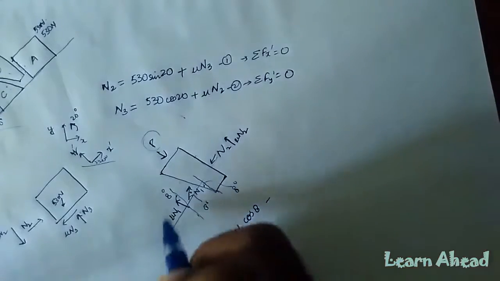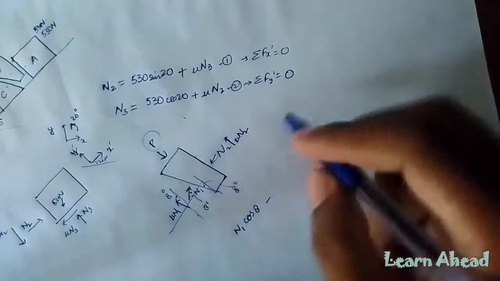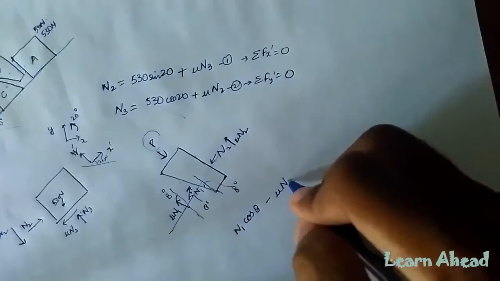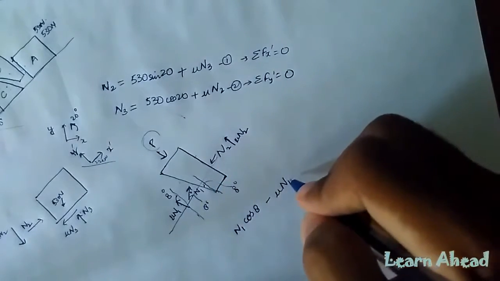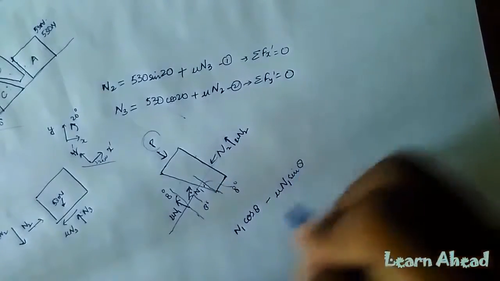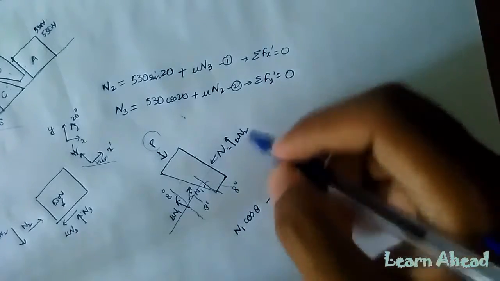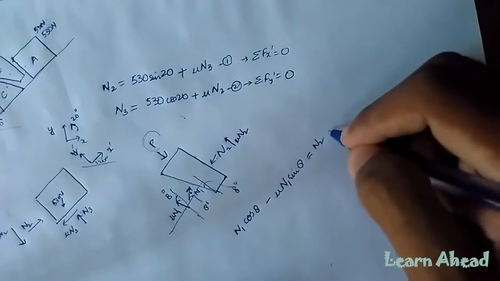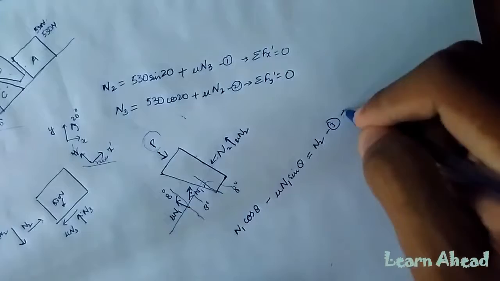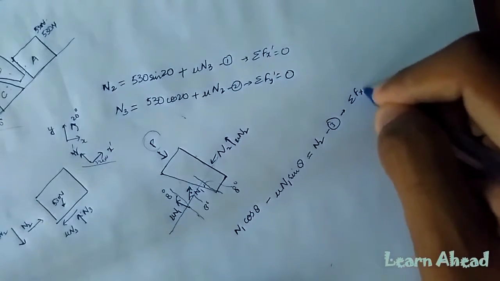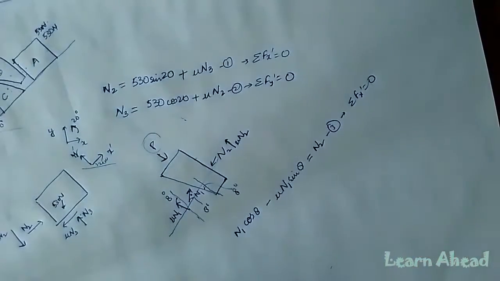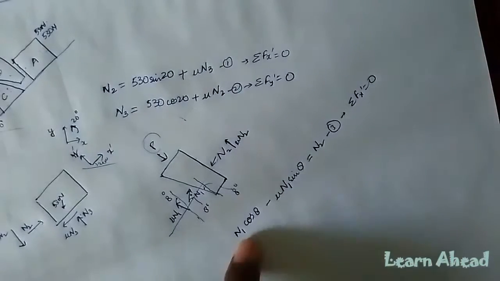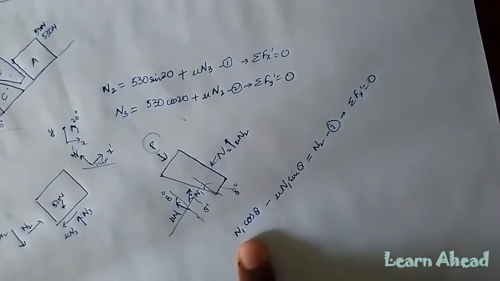Yes, of course. Minus, this opposes. Minus mu N1 sin 8 equals N2. This is my equation 3, and I have got it by sigma Fx dash is equal to 0. Isn't it very clear?